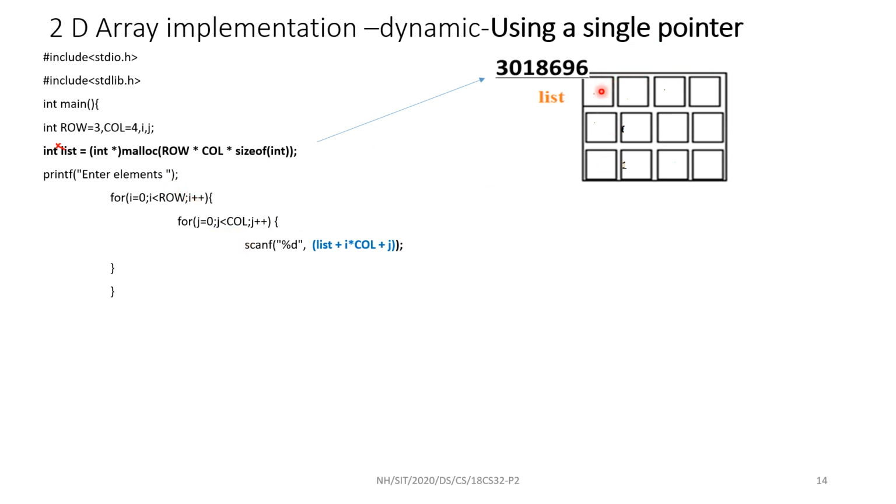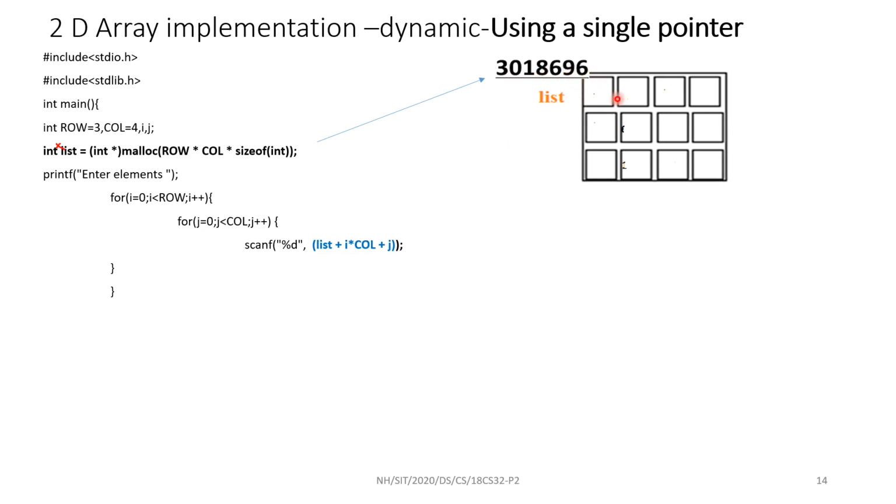Then for this location, I know the container name, and I'm going to read the content. The address for i value 0, j value 0 is list plus 0 into 4, that is list plus 0, which is 3018696.